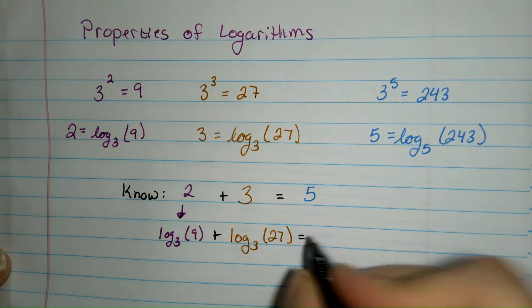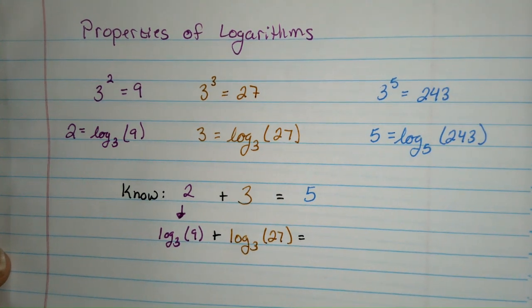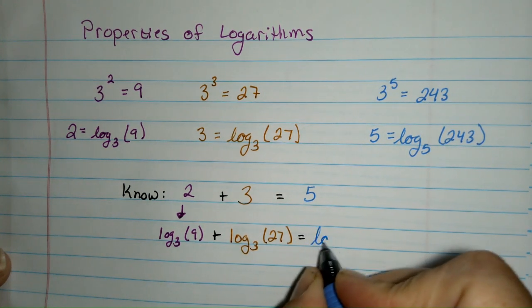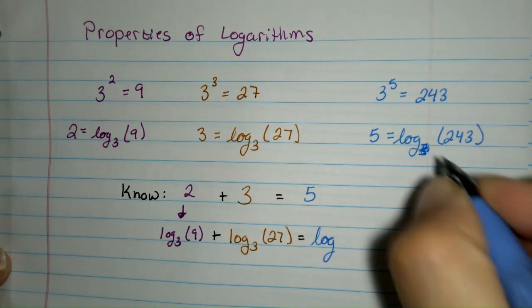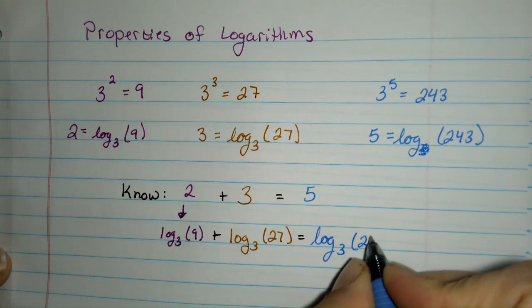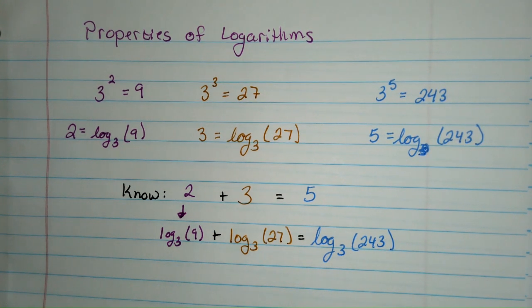And then we have the blue, log, and I wrote the wrong number there, base 3 of 243. Now it's important to note this is all log base 3 in every single one of these, so that's very important. But what do you notice about what's on the left versus what's on the right?